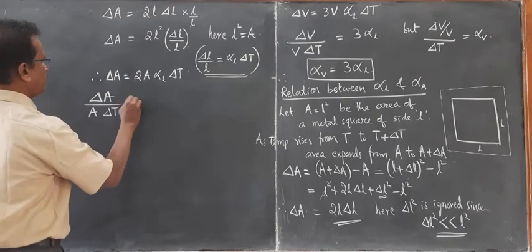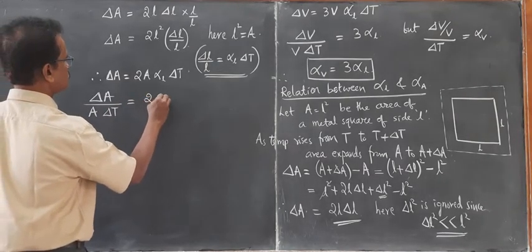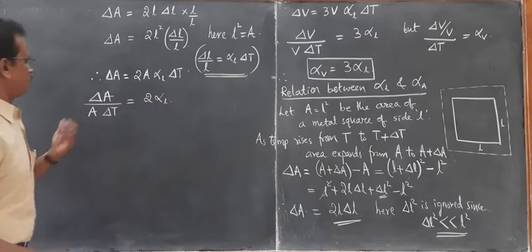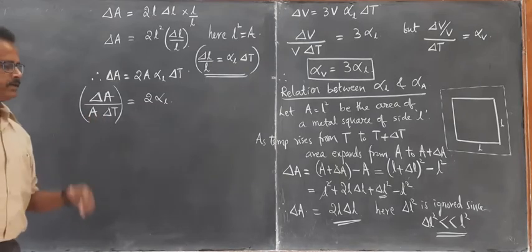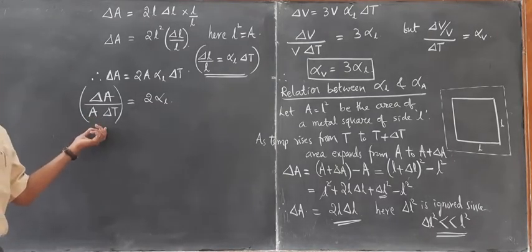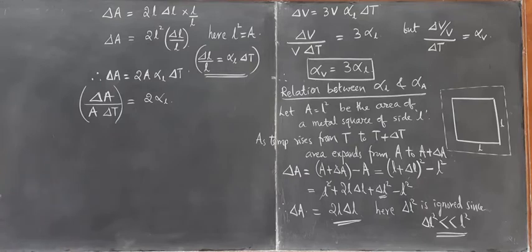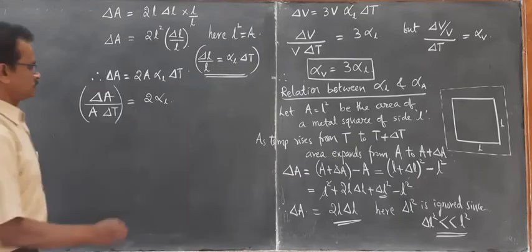Delta A by A delta T becomes equal to 2 times alpha L. And what is this? Change in area per unit area per unit rise in temperature. This is nothing but alpha A, the coefficient of superficial expansion.